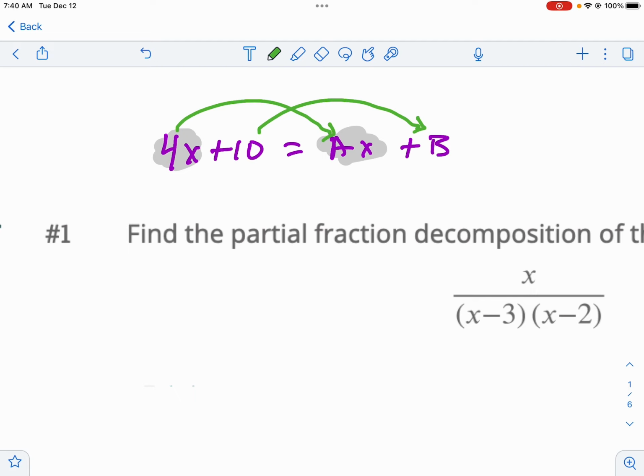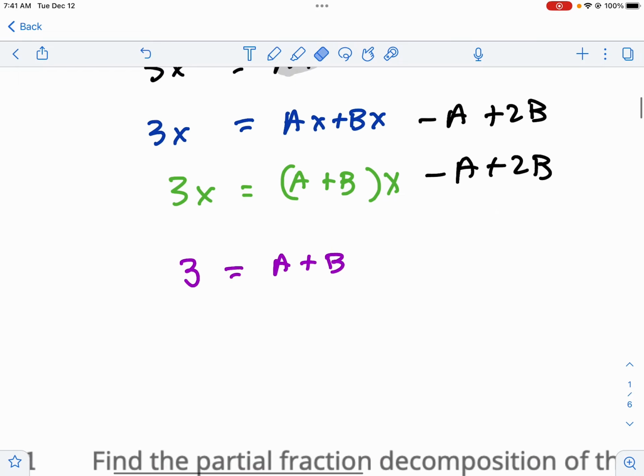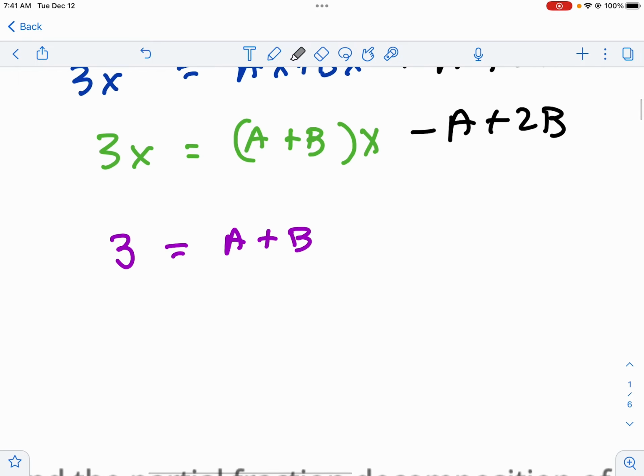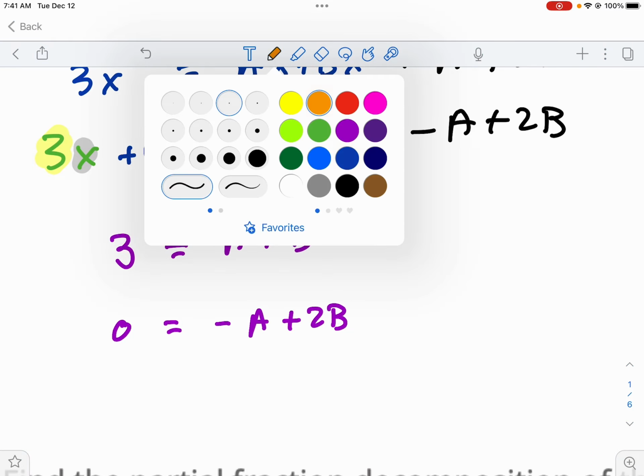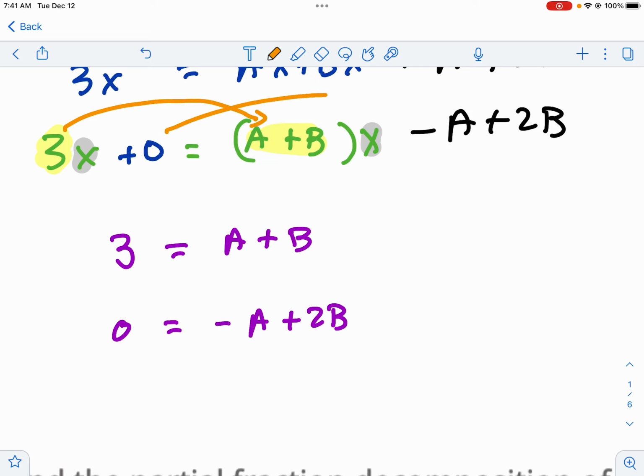That's the only way that's going to work if they're equivalent to each other. So here, since they both have an x, I can therefore say that 3 is a plus b. And then 0 is equal to negative a plus 2b. The 0 came from the fact that you can always have a 0 behind anything, right? So therefore, this is equal to that. This is equal to that.